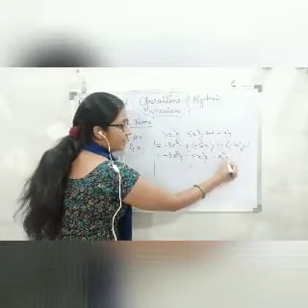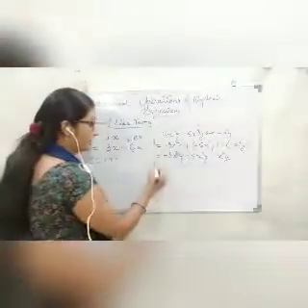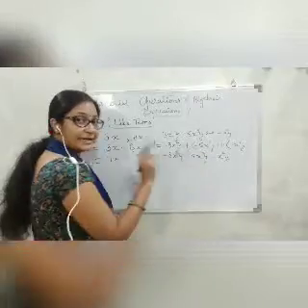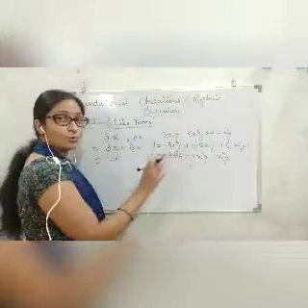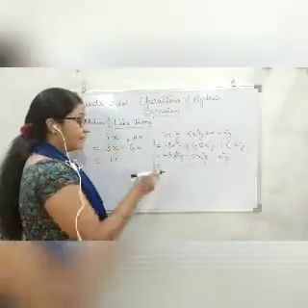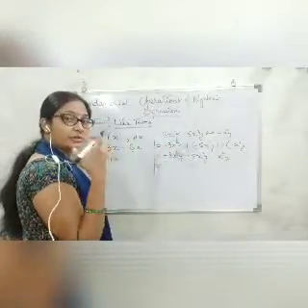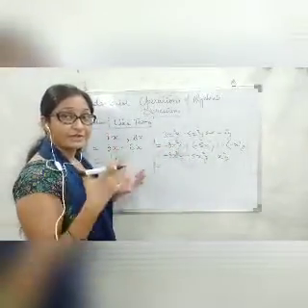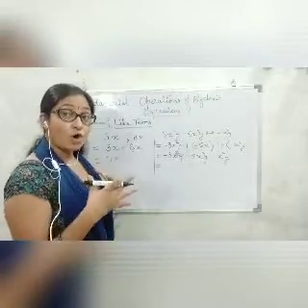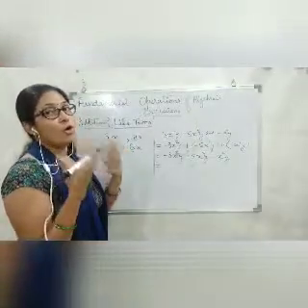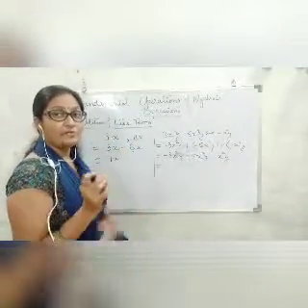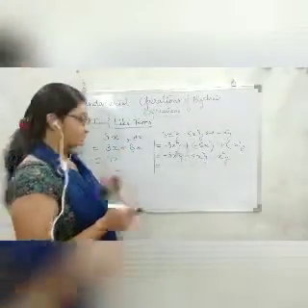So x square y. Now all the three are negative. So what are we going to do? If the terms that are given are all with the same sign, either all negative or all positive, then we add them.